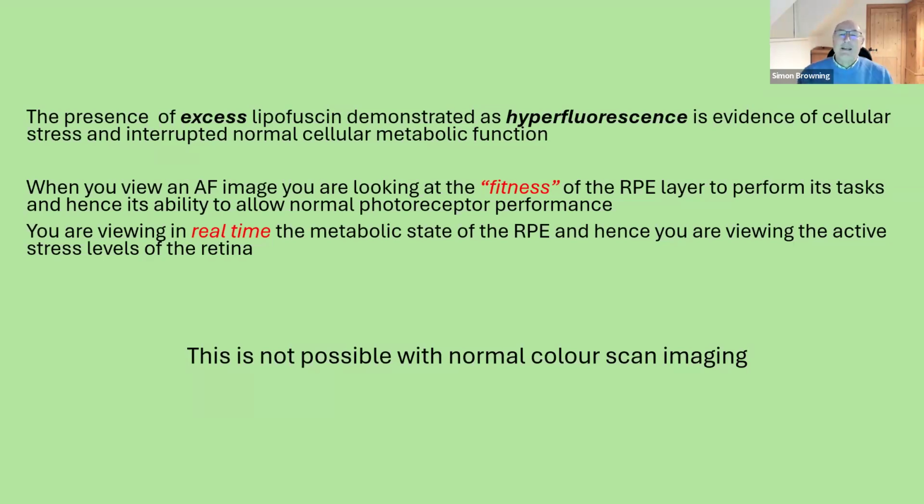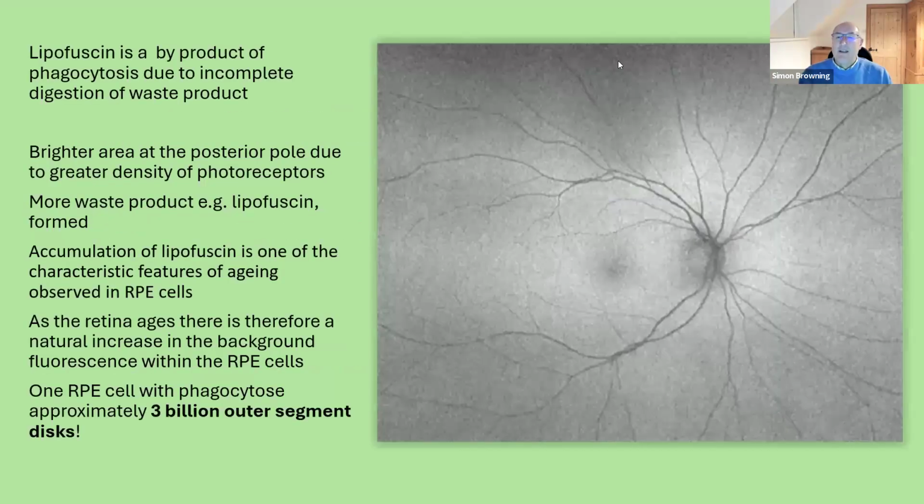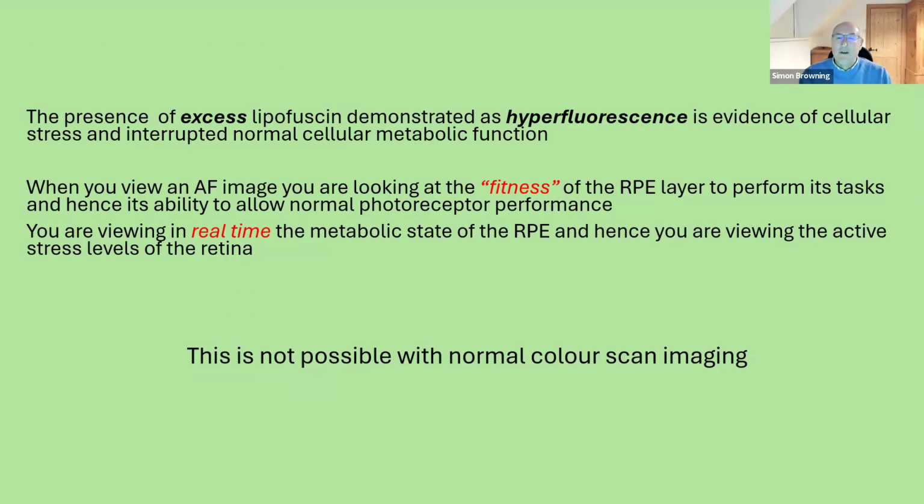So when you look at an image like that there, you are looking in real time at what's going on in that retinal pigment epithelium. You are looking at the fitness of the retinal pigment epithelial layer to perform its task, and therefore to allow normal photoreceptor performance. If it doesn't look normal, then you're seeing that normal photoreceptor performance is being interrupted.